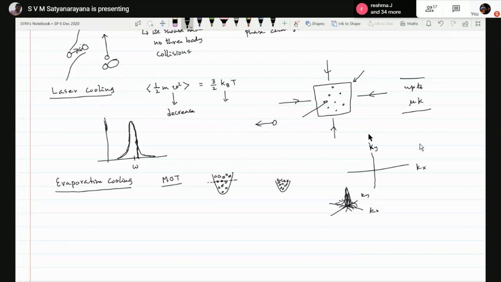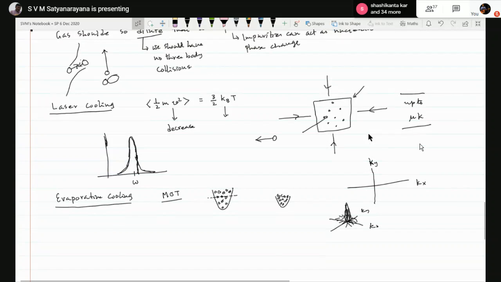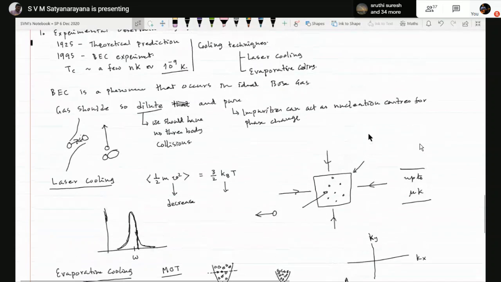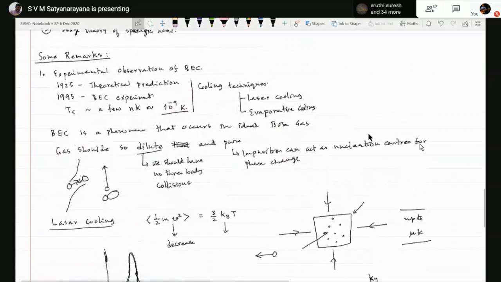Bose-Einstein condensates are being used as a new state of matter in terms of various applications. So this is the first remark I wanted to make.